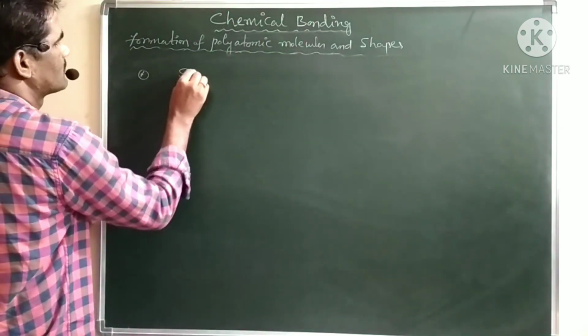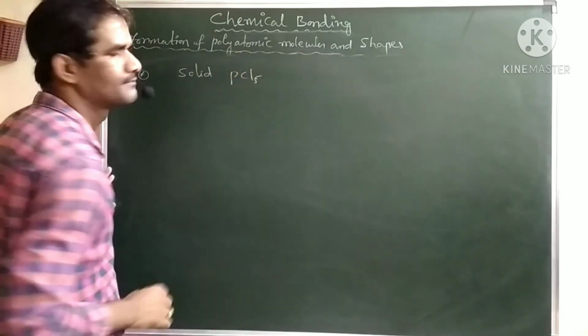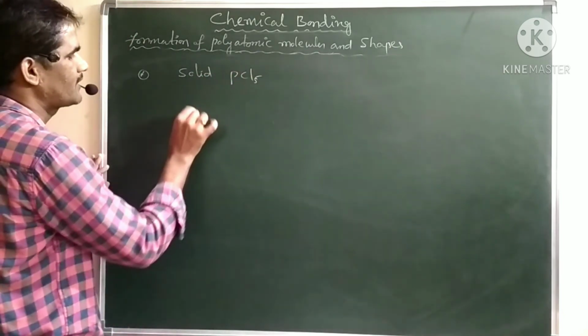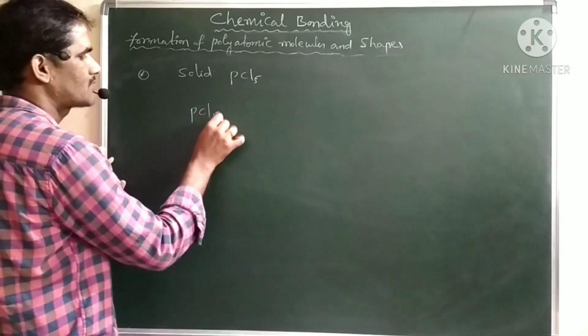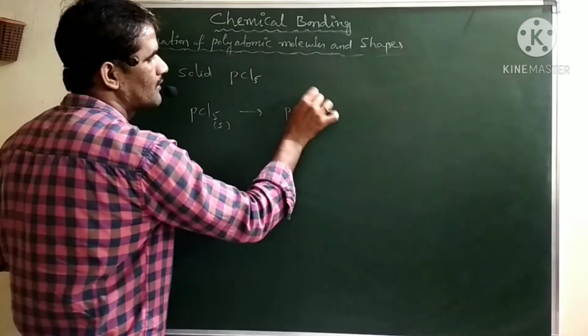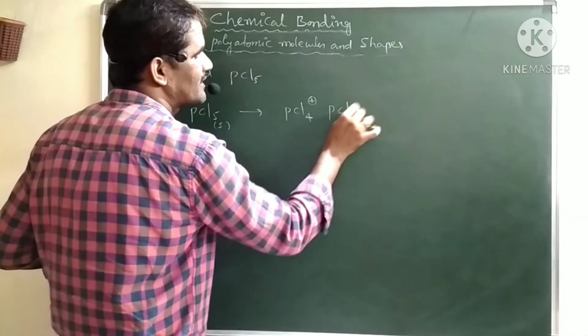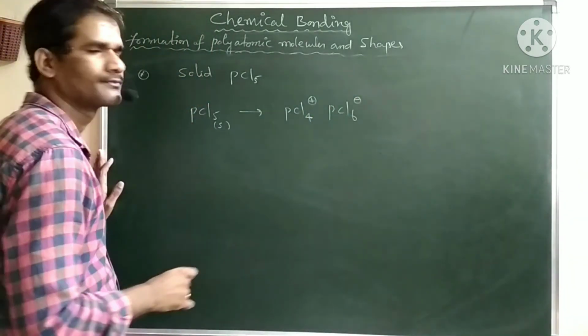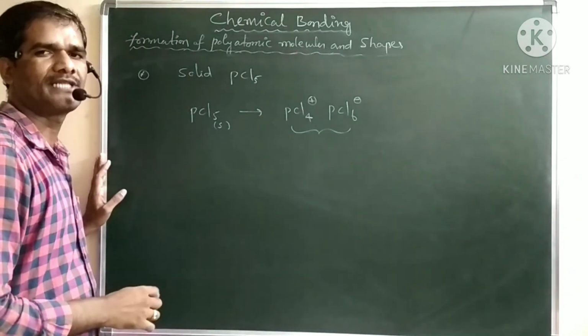And next we have solid PCl5. Generally PCl5 in the solid state exists as an ionic solid, and this ionic solid will be present in the ionic form PCl4 plus and PCl6 minus, and this is the existence of solid ionic PCl5.